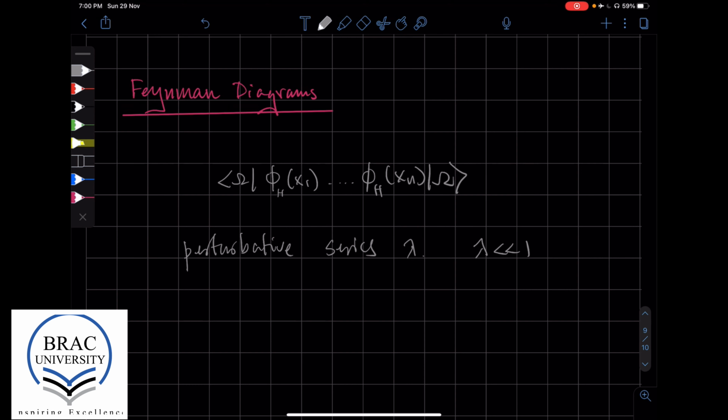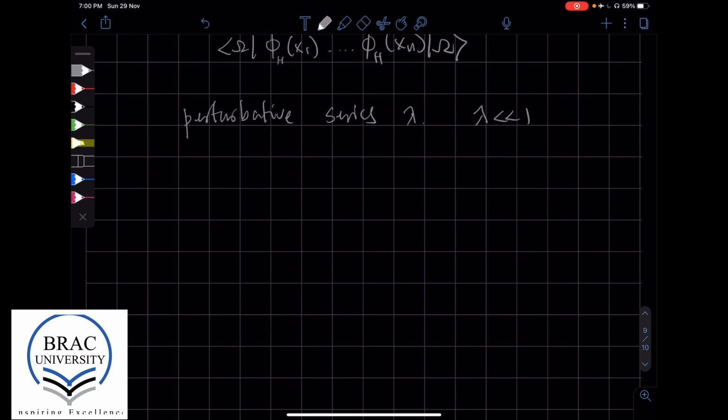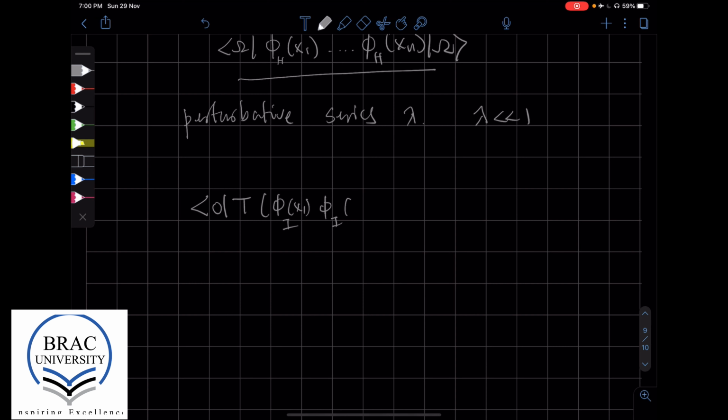So let's look at this. We want to calculate these kinds of things in a perturbation theory expansion. So we want to be able to calculate things like the time-ordered product. So this is in the interaction picture.